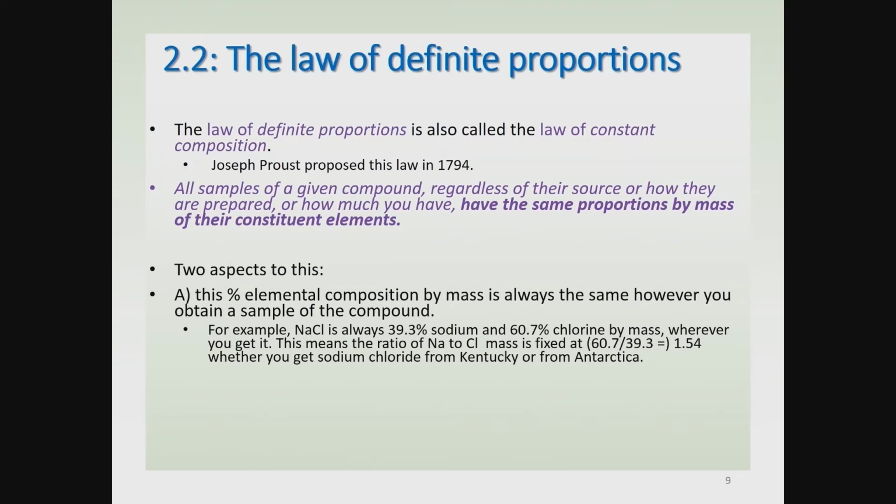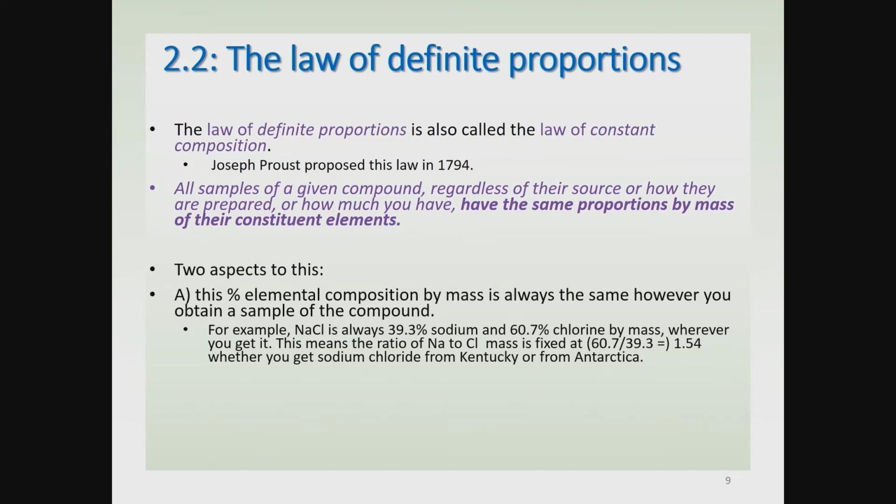What we now know is that wherever you get the sample of sodium chloride, it has the same composition of the elements by mass. And so there are two elements in sodium chloride, and they are sodium and chlorine. So no matter where the sample is from, you have always 39.3% sodium and 60.7% chlorine.